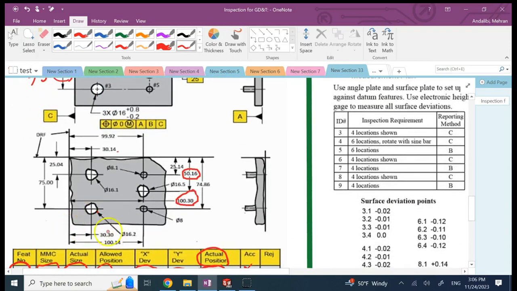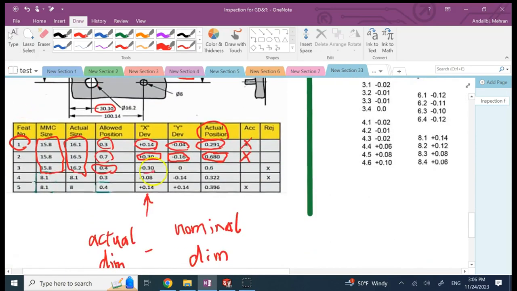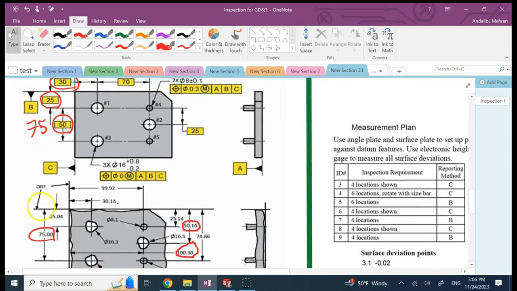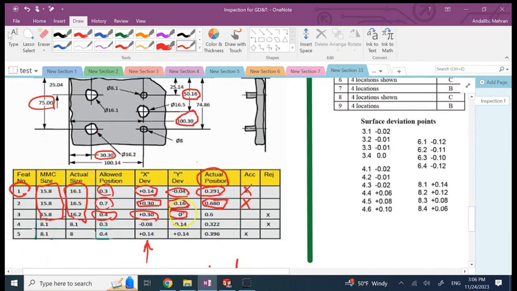In the x direction it is 30.30, so subtract it from 30, you get positive 0.3. And in the y direction, it's exactly 75, which it should be, so the deviation is 0. Therefore, plug them into the formula and multiply by 2 in that square root, so you get 0.6.